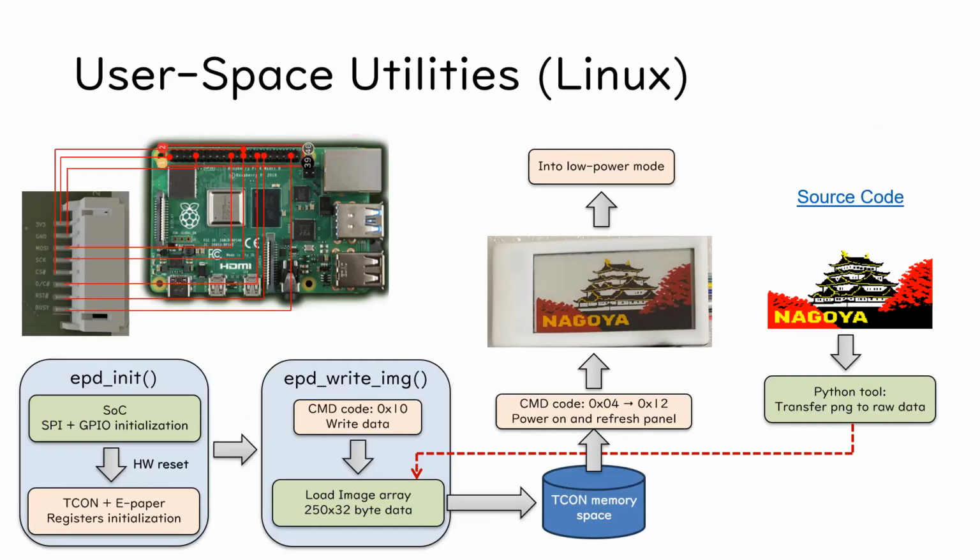You can draw your picture like this example. I drew Nagoya Castle and saved it as a PNG file, then used a Python tool to transform it to raw data and package it inside the source code, compile it, then run it into the TCON memory space. It will auto update the e-paper. After the update, it will turn into low power mode, with zero power consumption.